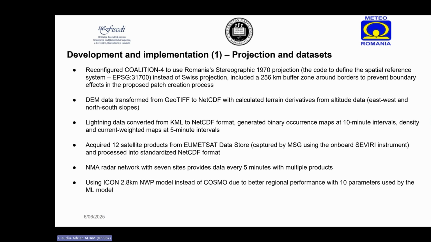As for the numerical weather prediction products, we used ICON instead of COSMO because it's the newer and better performing model. The MeteoSwiss team used COSMO for their numerical weather prediction products used in the training of COALITON-4. Yeah, and this is the data part.